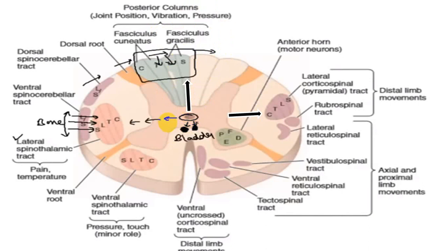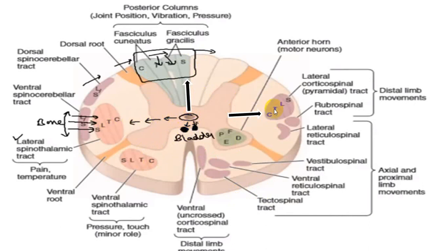So those tracts will be the first to be damaged. And then you have the fibers concerned with the bladder, so you will get involvement of even the bladder as the lesion expands.